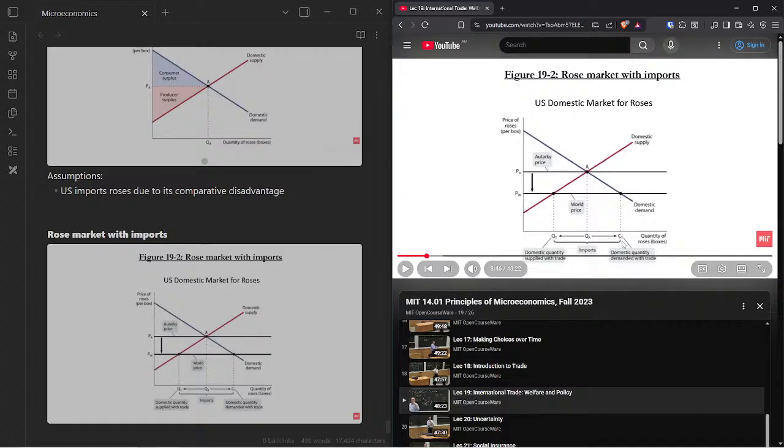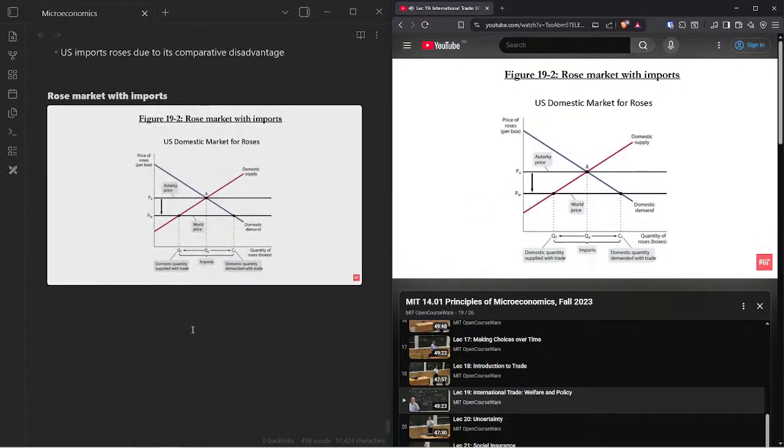C subscript T, right. People want this number of roses. New lower international trade price, people want C sub T roses.